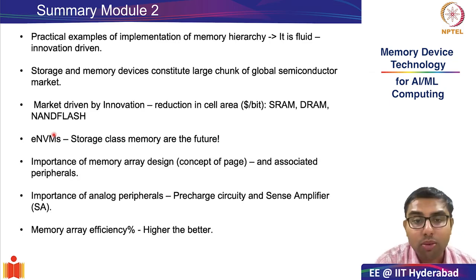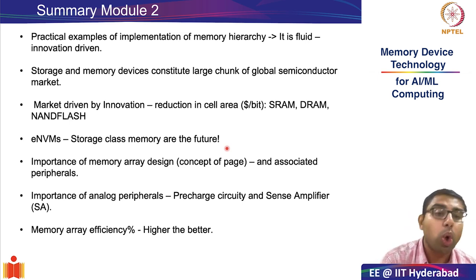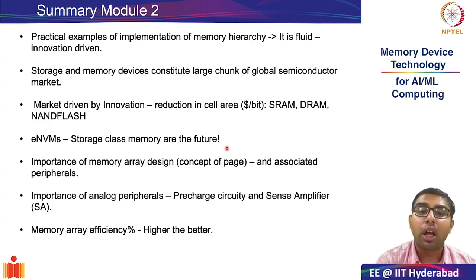Finally, we looked at what is the importance of first memory array design, how we folded a rectangular array to a squarish array by employing the concept of a page, and how the associated memory peripherals also get modified. We also looked at the importance of analog peripherals such as pre-charge circuitry and sense amplifier, especially in the context of latency versus area trade-offs.